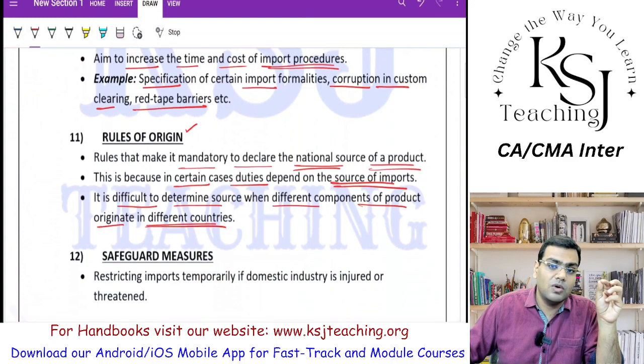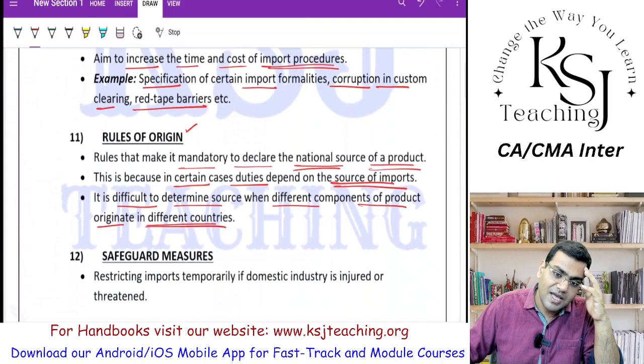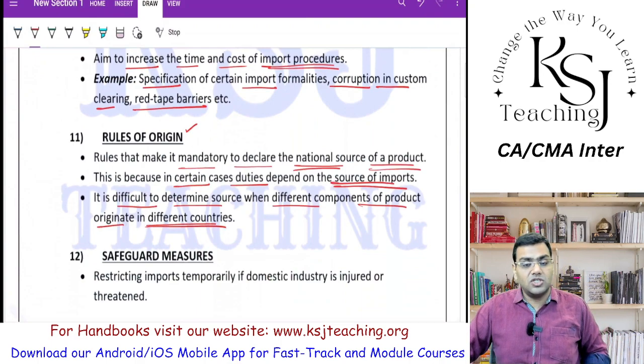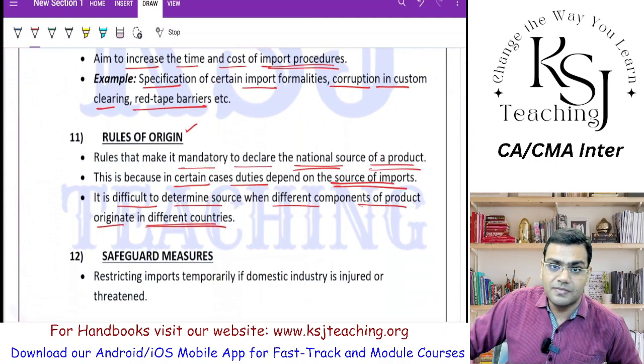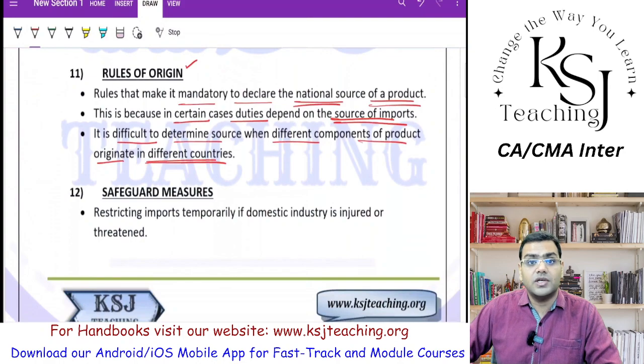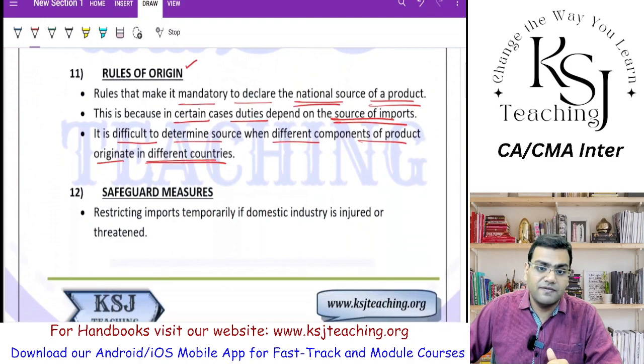Right now, if you check any of the products, you will find the originating country, as at that particular point of time people were being discouraged from using Chinese goods, isn't it? So that is why the rules of origin are important. And the second thing he says, the duties differ from country to country from the originating point.